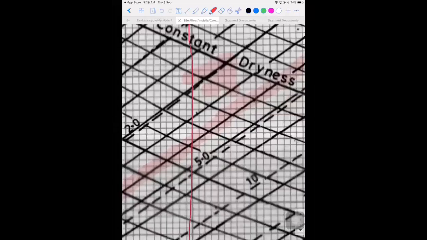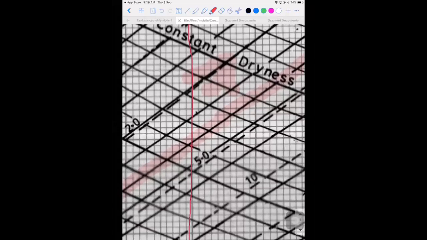Now you got it. So this line is the 0.4 bar line, and this is the isentropic line.